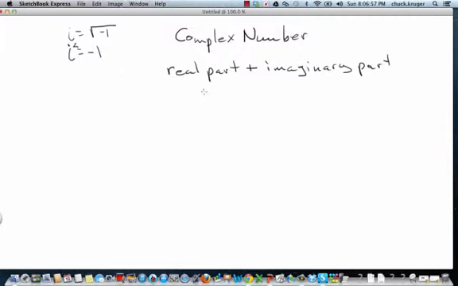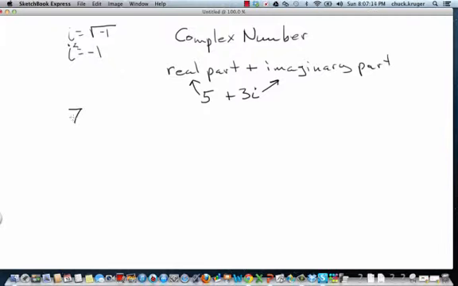So if I have something like 5 plus 3i, this would be the imaginary part, and this would be the real part. Okay? And what you find out is the reals and the imaginaries make up complex numbers.